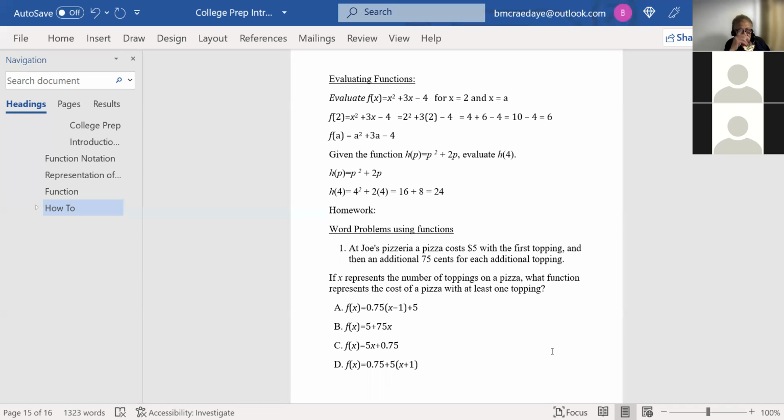Remember, it's one input to one output. If you've got more than one input mapping to different outputs, not a function. And remember, a relation between input and output can be a function or not a function, but they're always a relation.